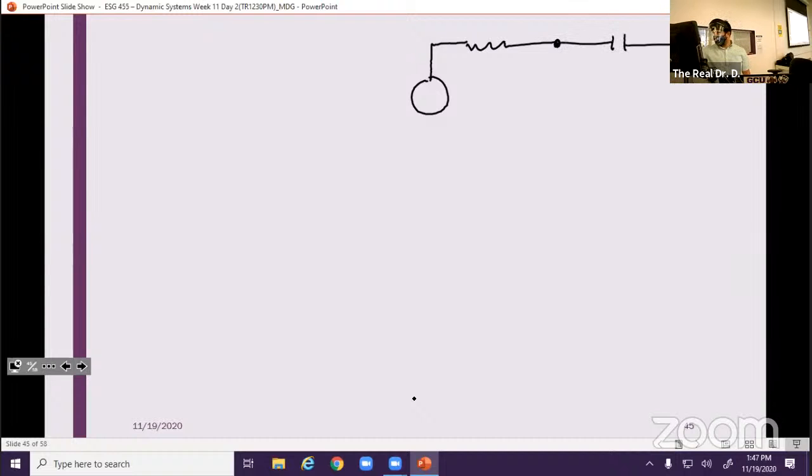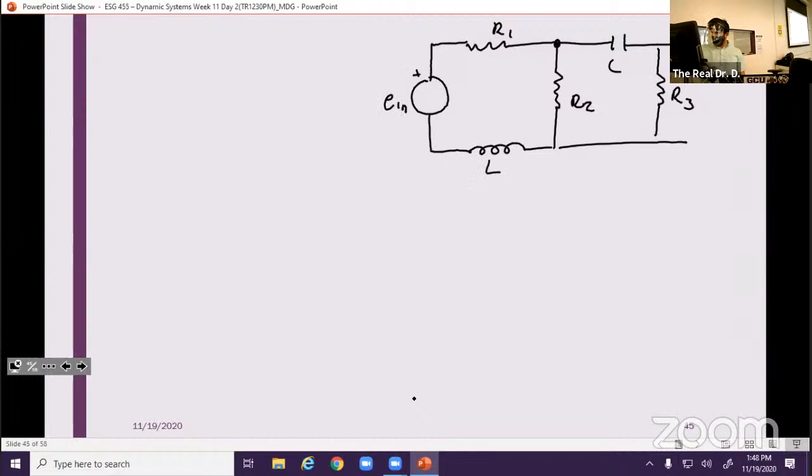This is a problem off of the first exam as well. All right, so this is my E out, the voltage drop between these terminals.